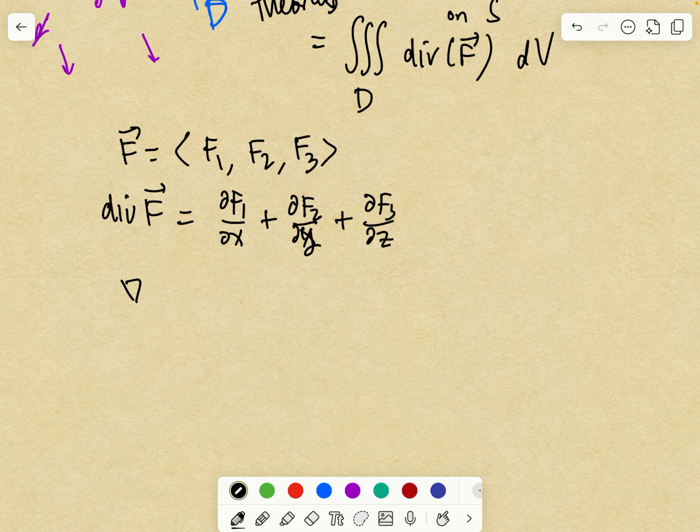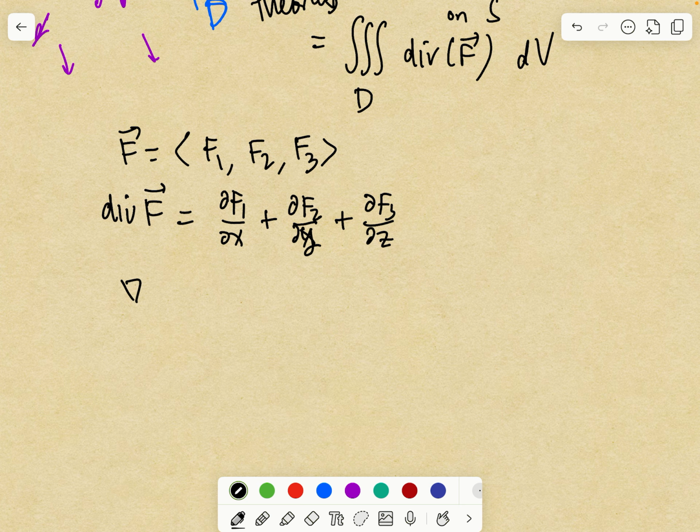Sometimes the notation is this del dot F. And that's something that's in quote marks, but if you think of the gradient as partial x, partial y, partial z, dot your F1, F2, F3, this is also in quote marks. The dot product is like you multiply this by that, and that by that, right? Well, this notation doesn't make any sense at all. It's just a mnemonic, a way to help you remember.